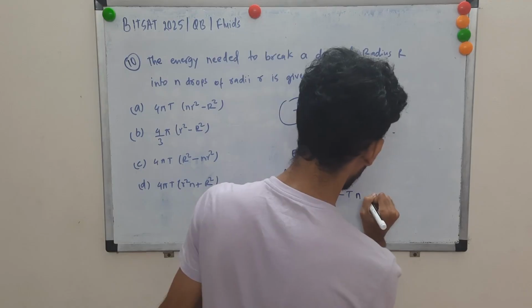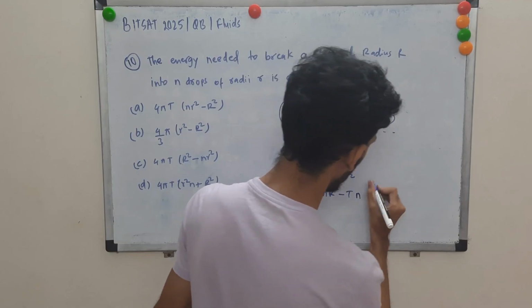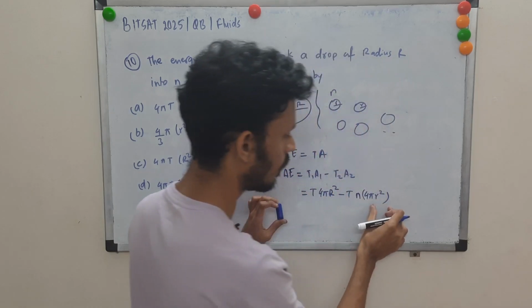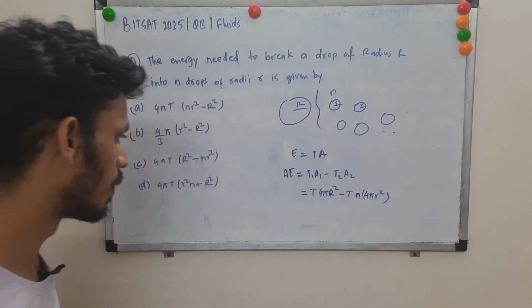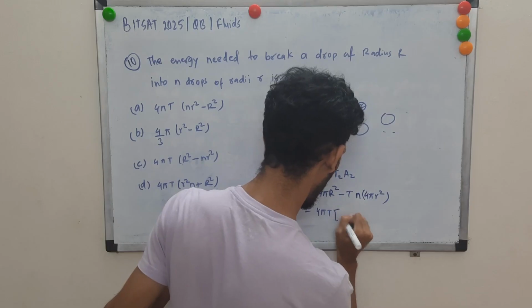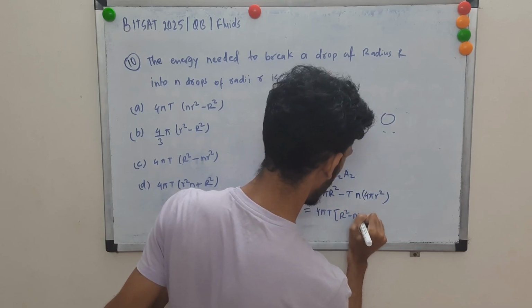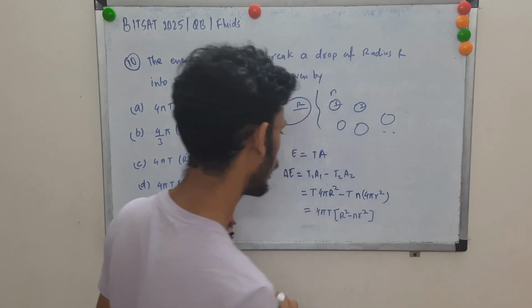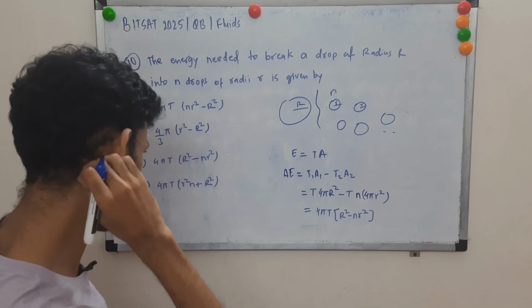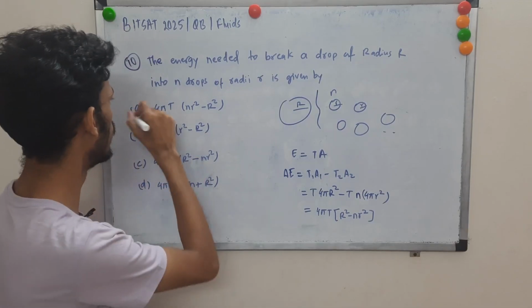It is n times the area of one of them, so n times 4 pi r square. So you can take 4 pi T common, and we have R square minus n r square. Actually it will be the other way around. It won't be this way, it will be this way.